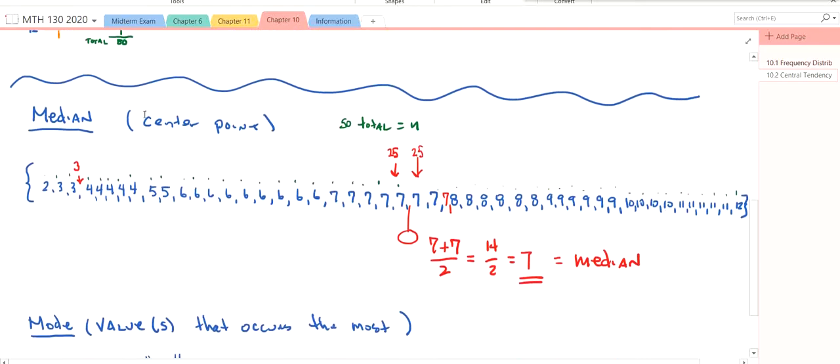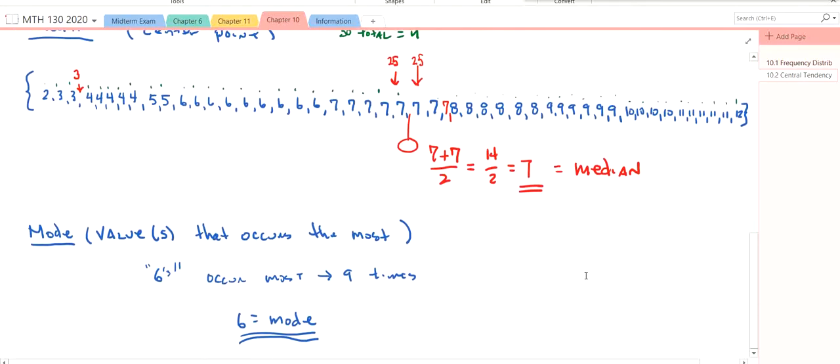The median is good when you're trying to gauge things where there are large values on the outliers or the outside edges. So say we had a test.